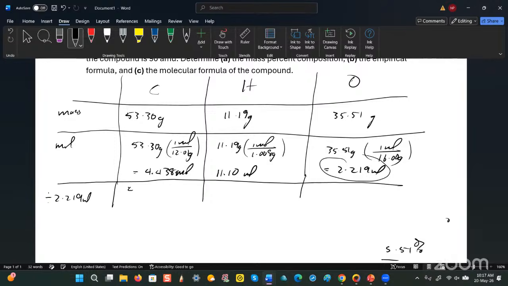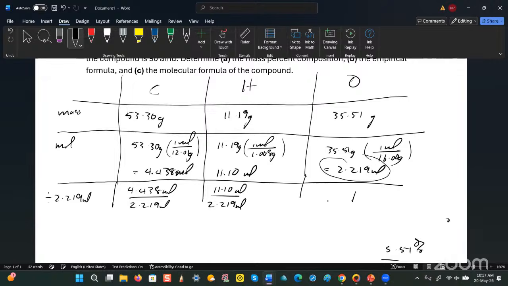So this becomes 4.438 moles divided by 2.219 moles. Here you're going to have 11.10 moles divided by 2.219 moles. And here, this divided by itself will give you 1.